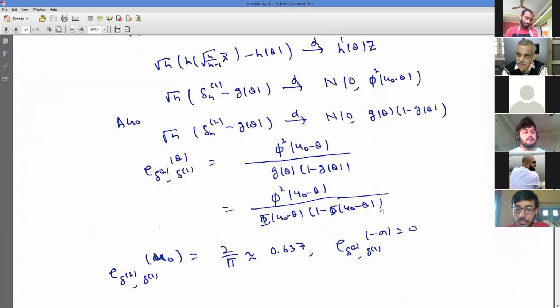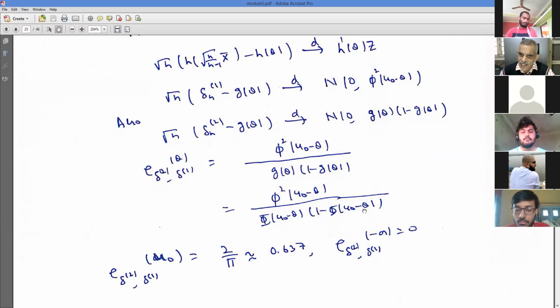Is that okay? It will be a slightly involved exercise, but it can be shown. Otherwise, you can plot it also. Try to plot phi square x upon phi of x into 1 minus phi x for x greater than 0. It would be increasing. And it is symmetric because phi square of x is same as phi square of minus x. And if you put minus x over here, I get 1 minus phi of x over here.